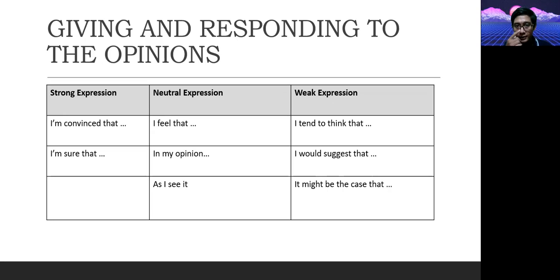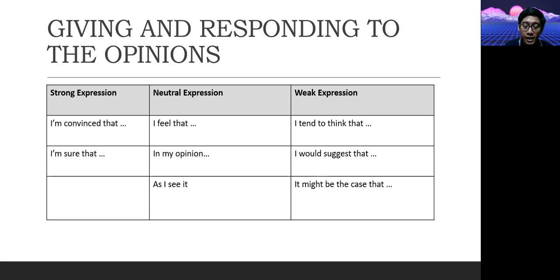Now for the strong, neutral, and weak expressions of responding to opinions. For strong opinions: I'm convinced that, and I'm sure that. For neutral expressions: I feel that, in my opinion, as I see it.